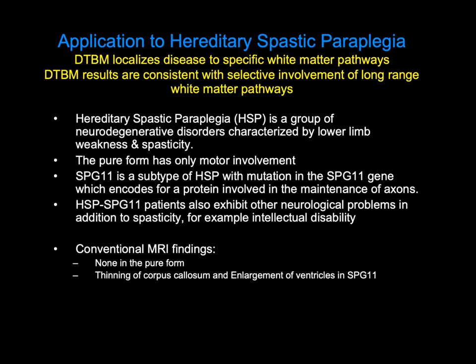So this was important in this particular disorder, because this hereditary spastic paraplegia, in particular this genetic subform SPG11, is a form where typical conventional MRI shows a very thin corpus callosum, shows atrophy of white matter, but there is a specific hypothesis that the underlying cause of the disease is a defect in a protein related to axonal transport.